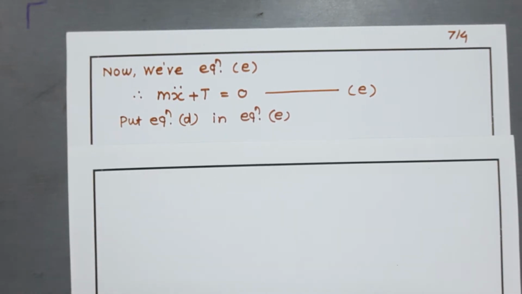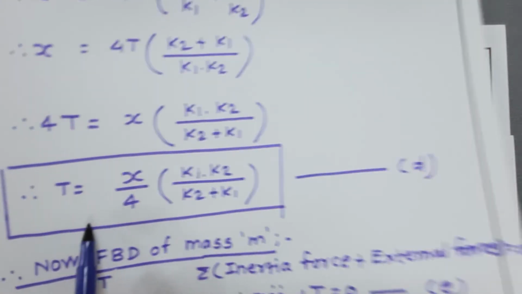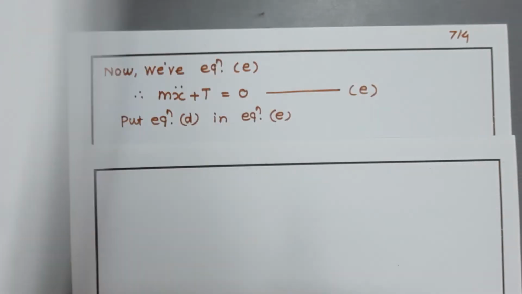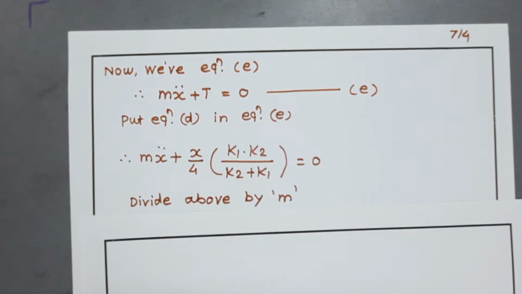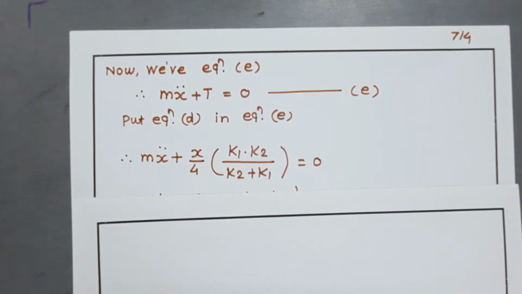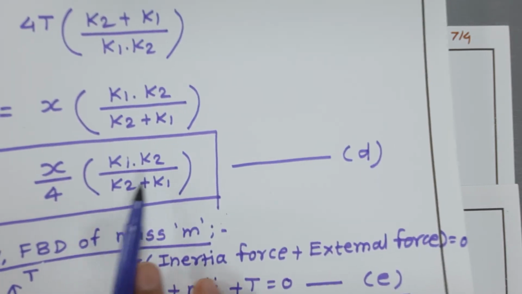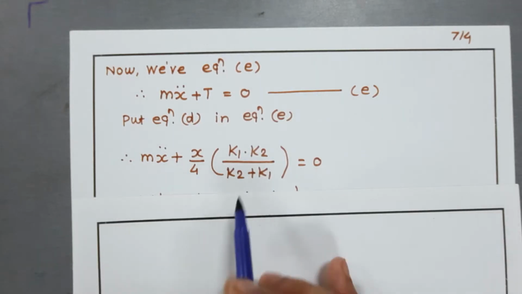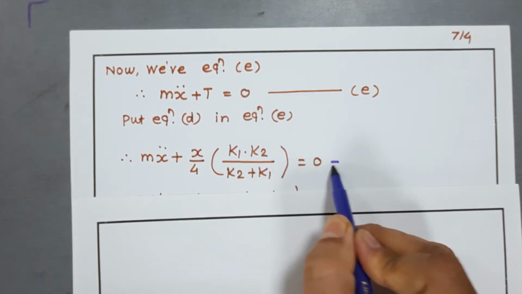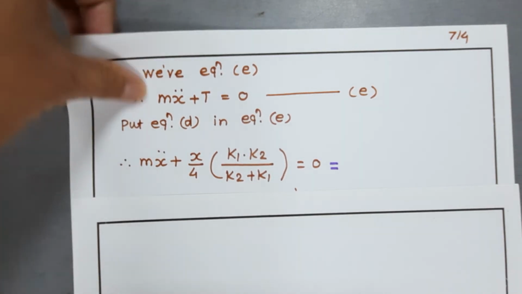Now we have equation D. This equation D I am going to put in equation E. So we have mx double dot as it is, plus the value of T, x upon 4 into k1 k2 divided by k2 plus k1, that value I am going to put here. So this is substitution, and after substituting equation D in equation E, we have this equation with us.